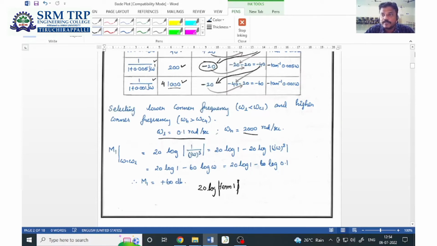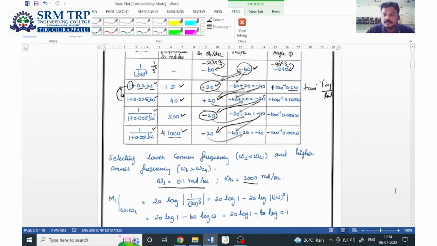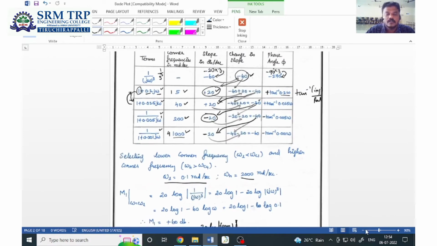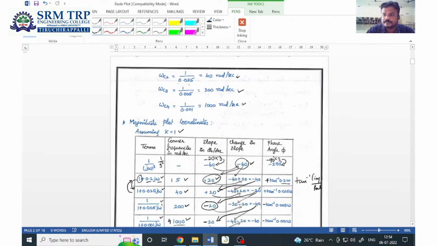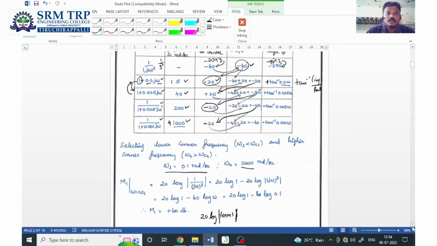You can see in the table, this is term 1, that is 1 by j omega the whole cube. So I have to write this term here. That is what is given here, 20 log 1 by j omega the whole cube.